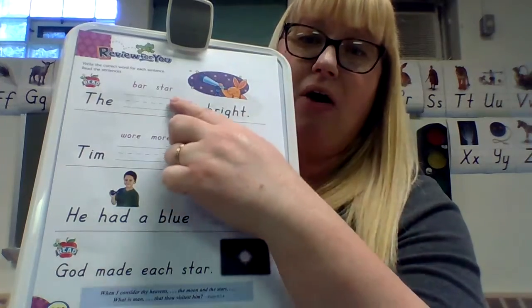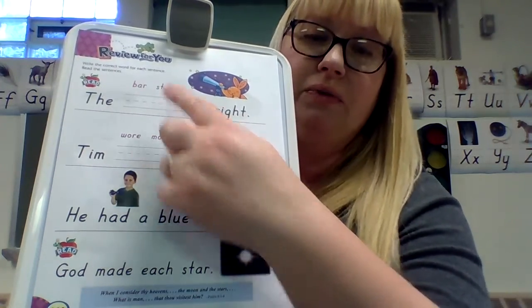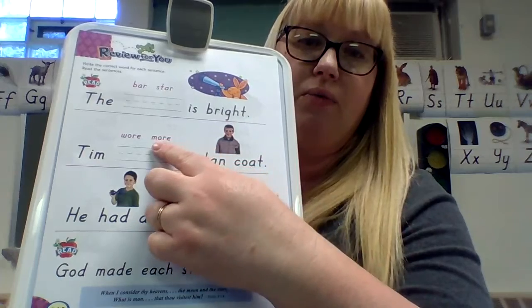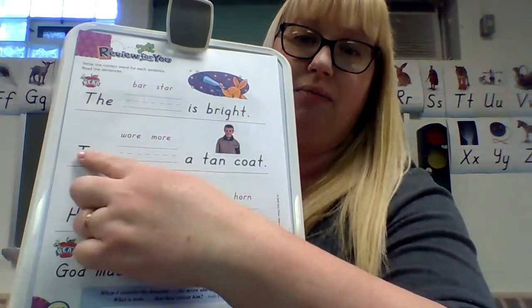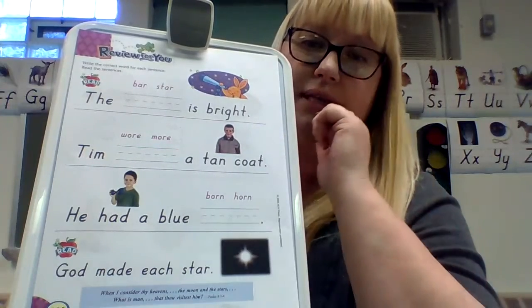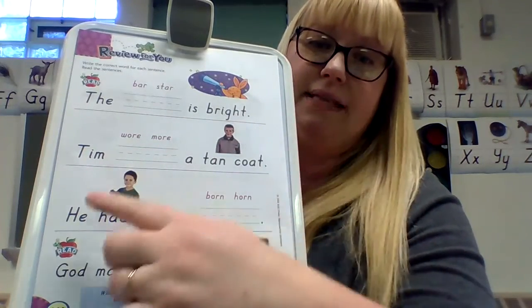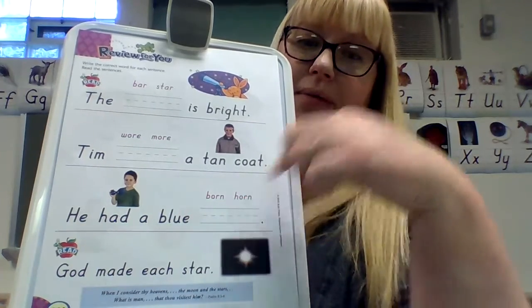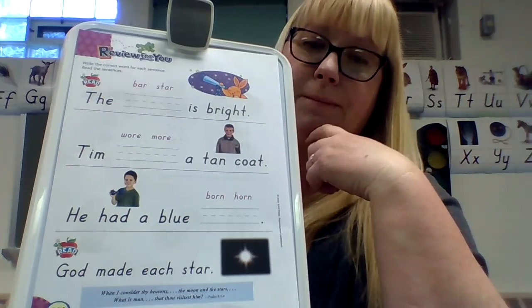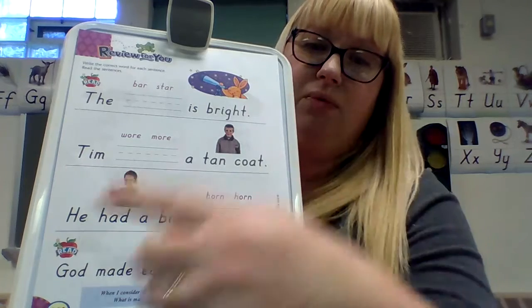Remember, AR in a word is R. OR in the word is or when you're sounding them out. Same, read this one. Do the same with that one. Same with this one. Read this one. Remember, OR is or.